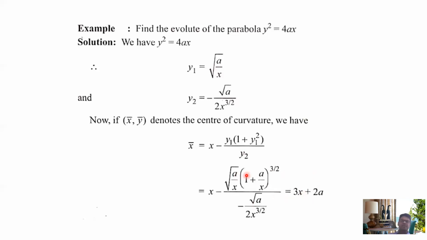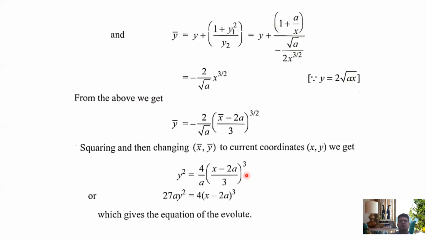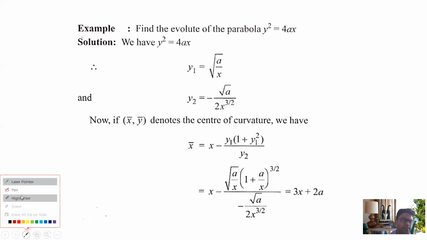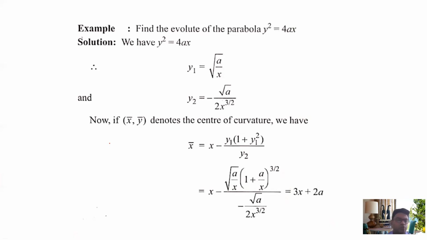Okay, what is our target? Our target is to eliminate x and y, to express our result in terms of x bar and y bar. Now from this relation we can write x bar. So from here 3x is equal to x bar minus 2a, x is equal to x bar minus 2a by 3.